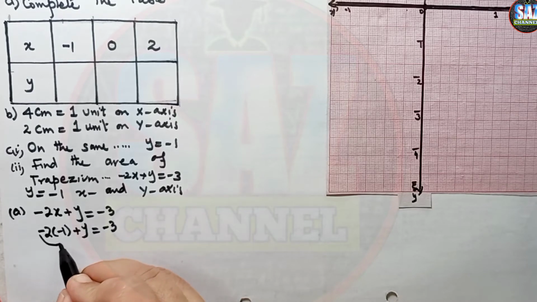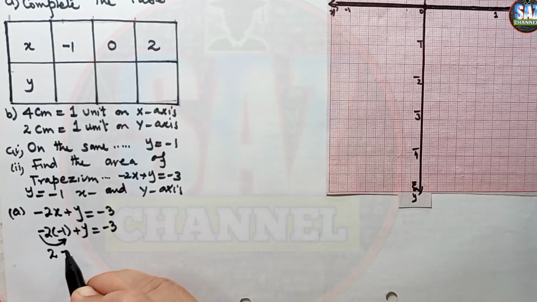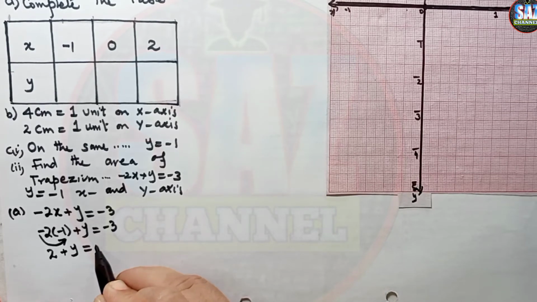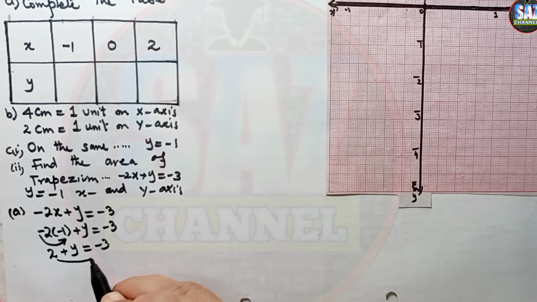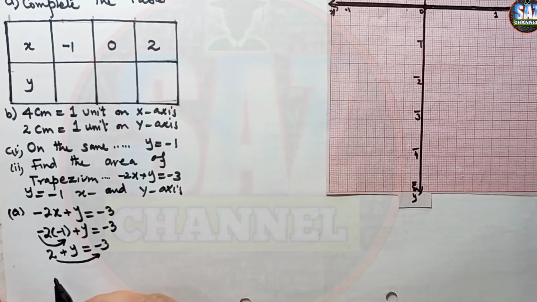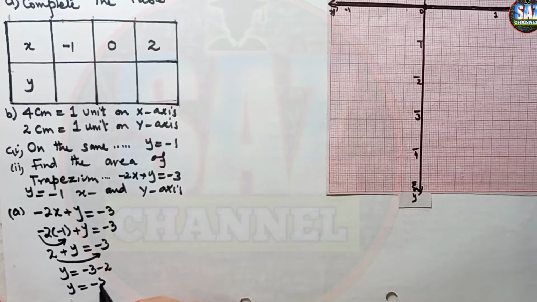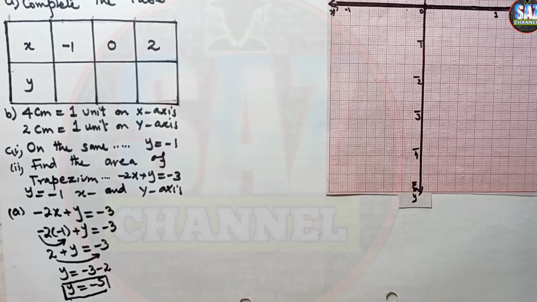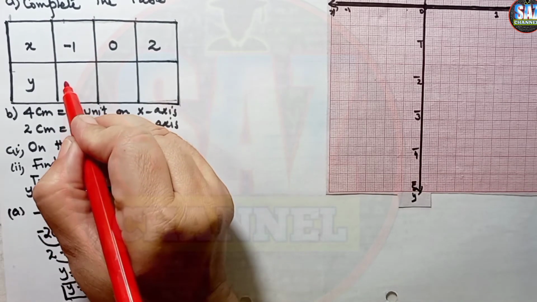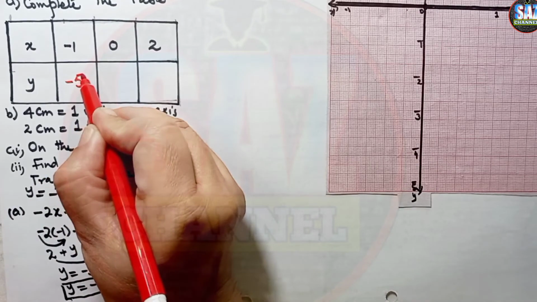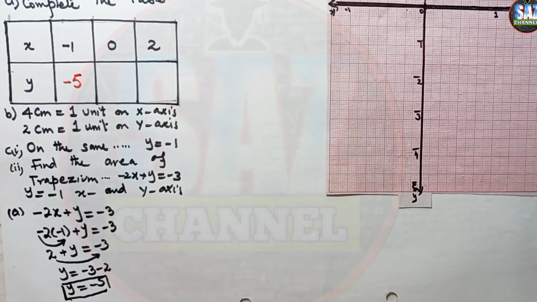Do not forget the rule of integers, that minus multiplied by minus will give you plus. 2 plus y equals minus 3. Shift 2 to the other side and you will have y equals minus 3 minus 2, and y equals minus 5. So when x is minus 1, y is minus 5. Replace the value in front of x equals minus 1.